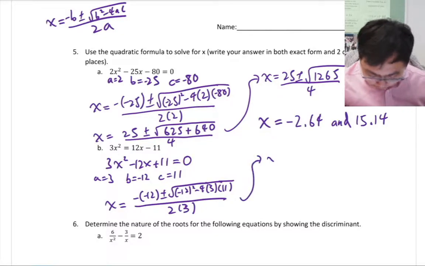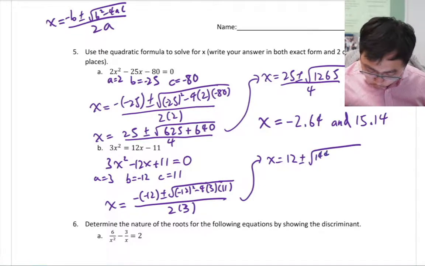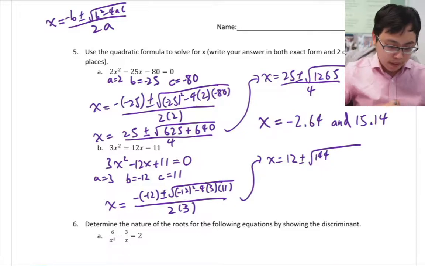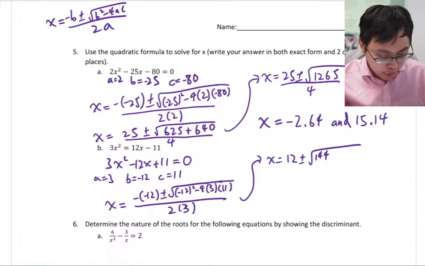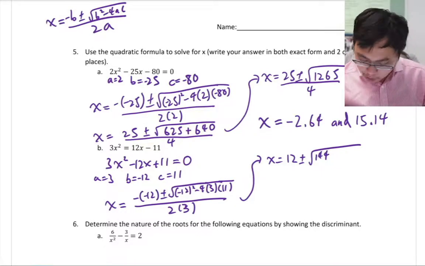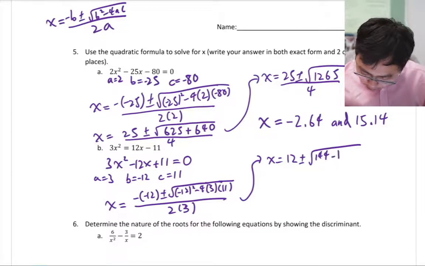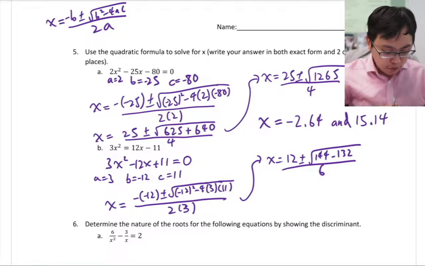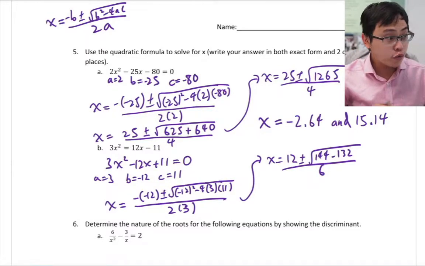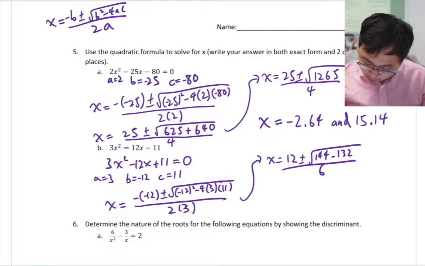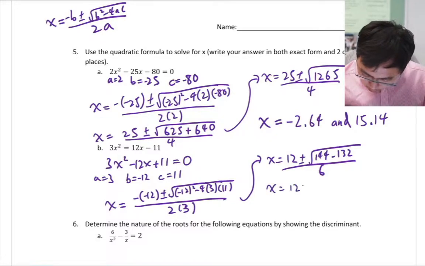Next step, we have x is equal to, so negative 12 is 12, plus or minus 12 squared is 144, then 4 times 3 times 11, let me just quickly put that into my calculator. That is 132, so minus 132 all over 6. And 144 minus 132 is going to be 12. So x is equal to 12 plus or minus the square root of 12 all over 6.